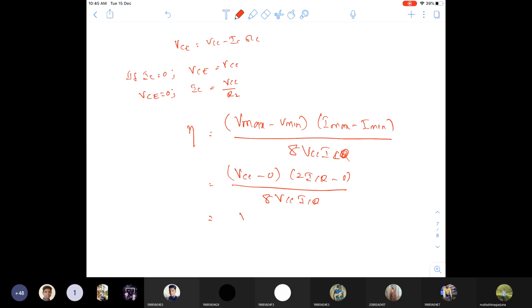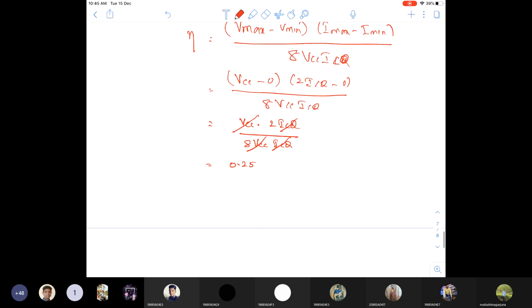So VCC 2 ICQ over 8 VCC into ICQ gives 1/4, which is 0.25. So efficiency is equal to 25%.